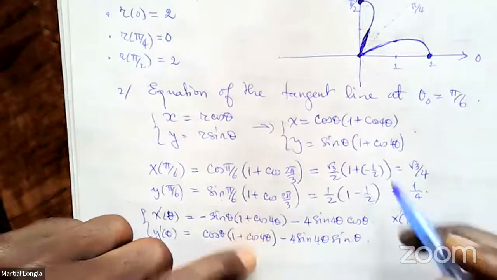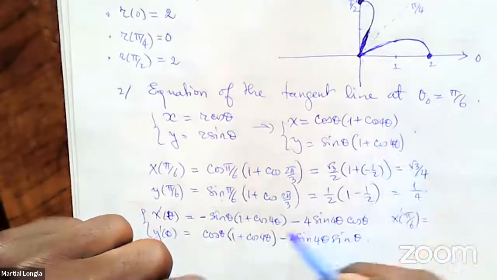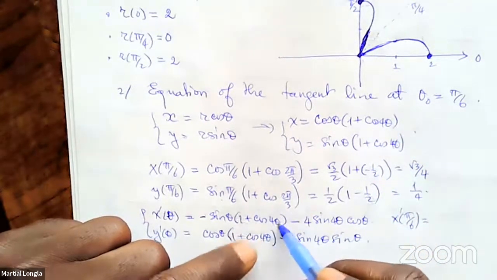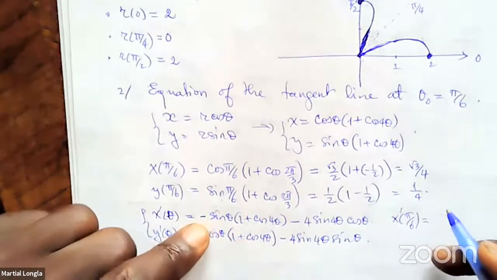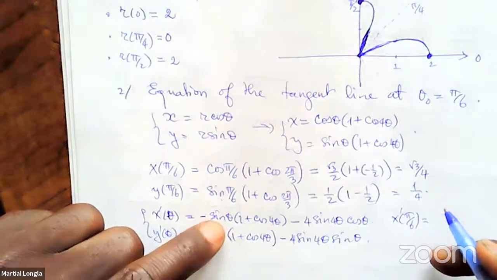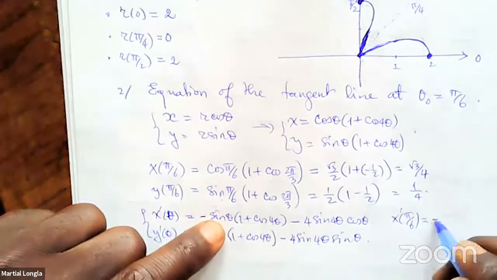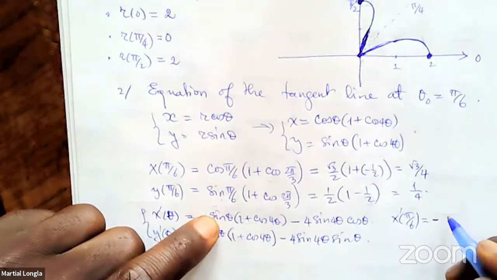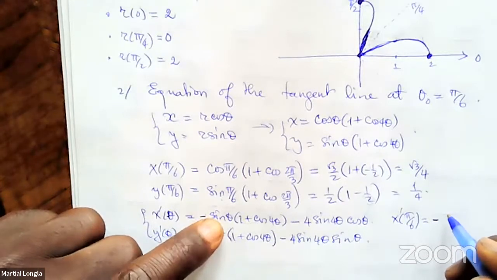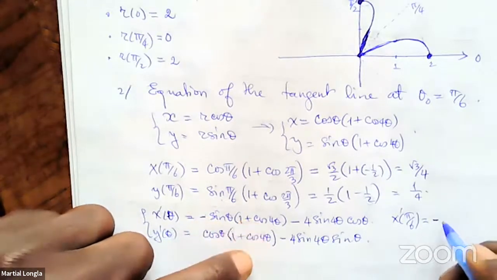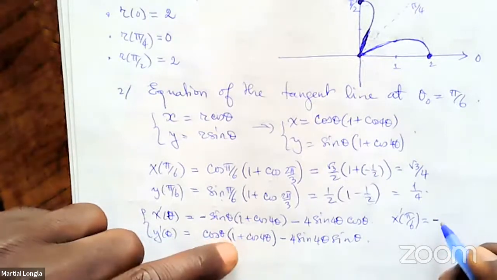And here again, everywhere that's 1 plus cosine 4 theta, we already know this is 1/2, right? And the sine of theta, so this is negative sine of pi over 6. Sine of pi over 6 is 1/2, and 1/2 times 1/2 is 1/4.